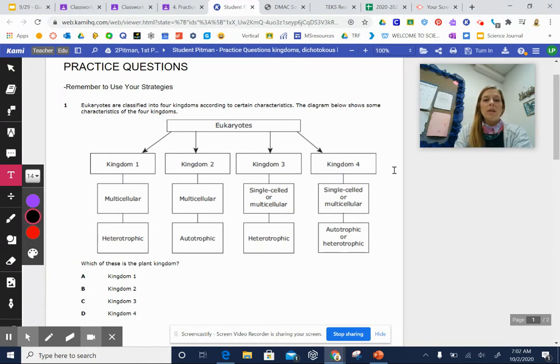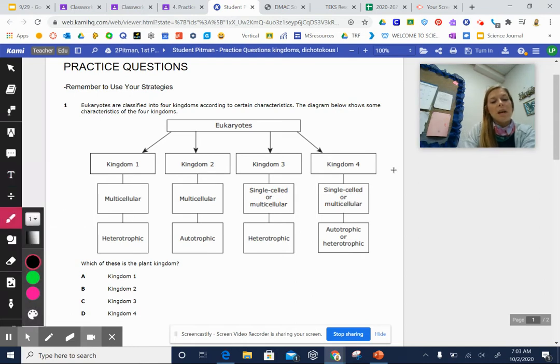Kingdom 1, multicellular, heterotrophic. Kingdom 2, multicellular, autotrophic. Kingdom 3, single-celled or multicellular, heterotrophic. Kingdom 4, single-celled or multicellular, autotrophic or heterotrophic. Which of these is the plant kingdom?